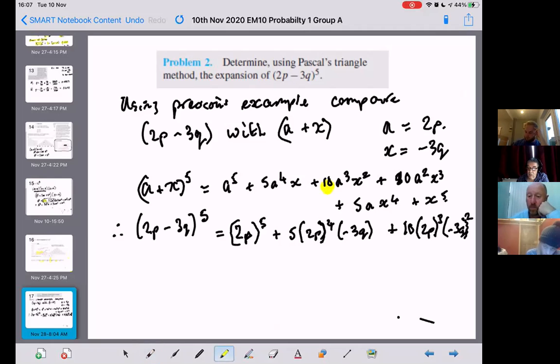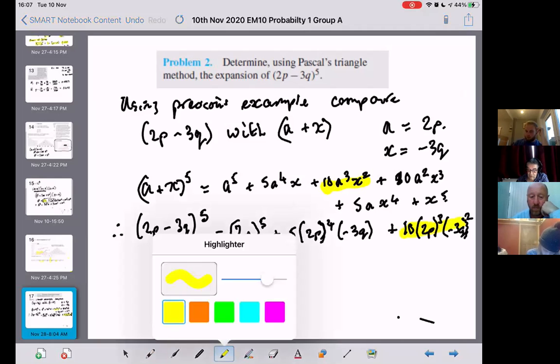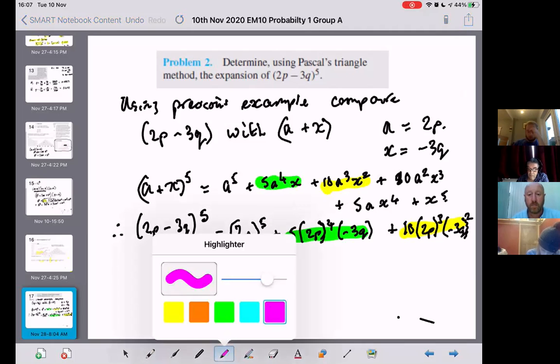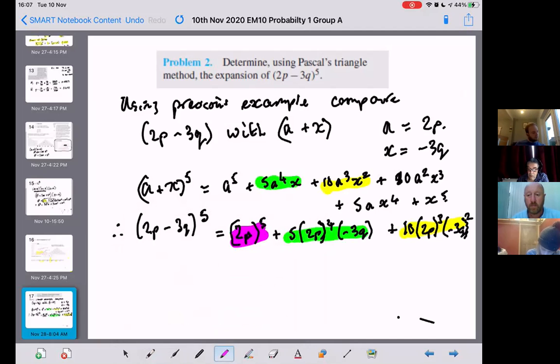So that term compares with that term. I'll highlight these in different colors, I think. So this term compares to that one. That one is the A5.